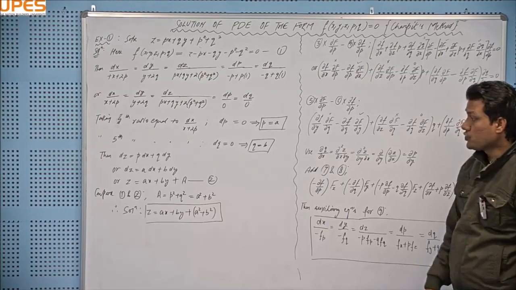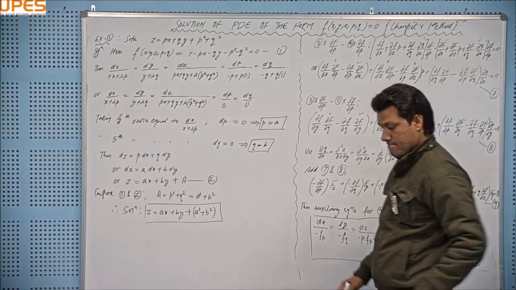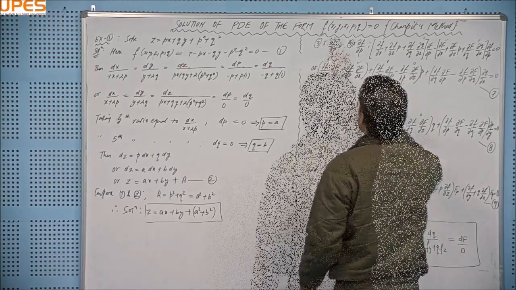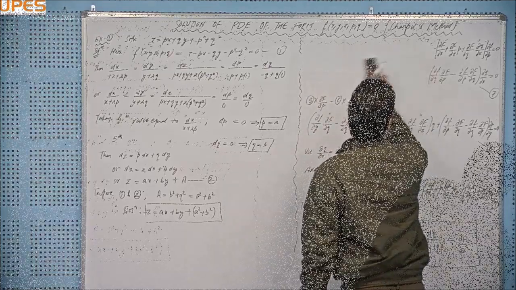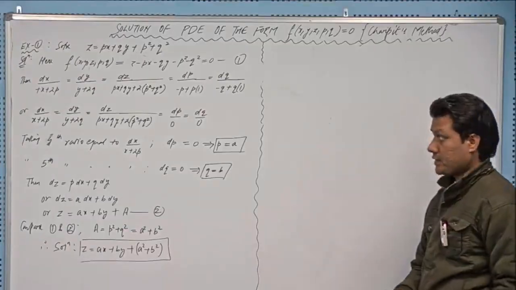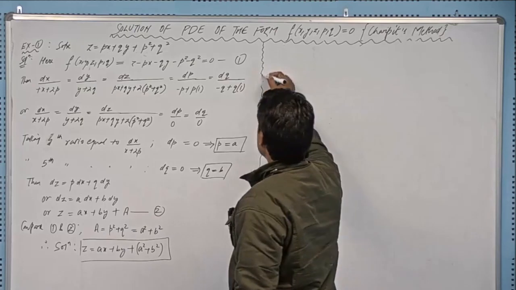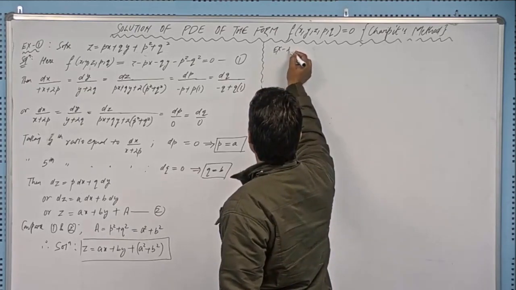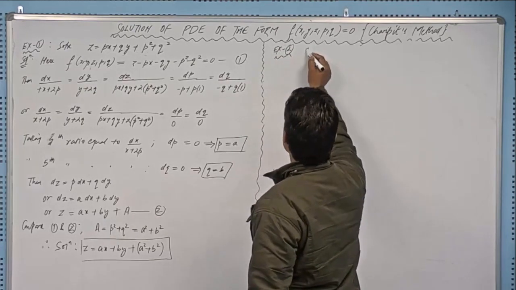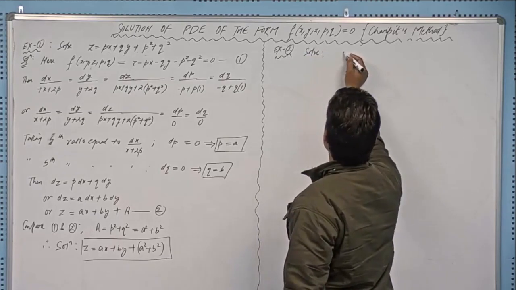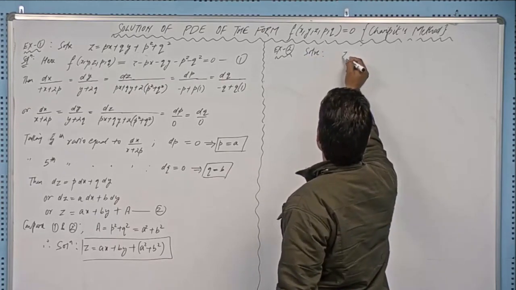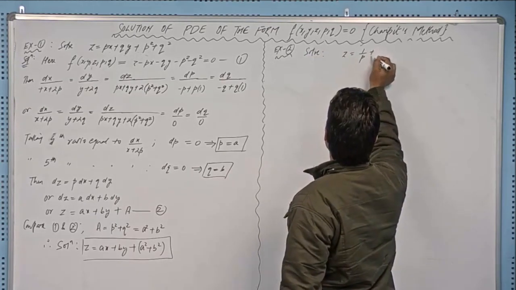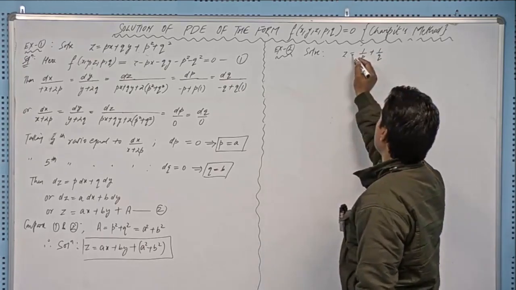Okay, so I will take another example. Example number 2: solve z is equal to 1 over p plus 1 over q, right?